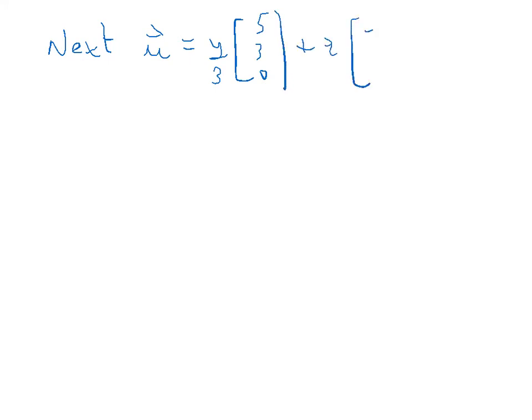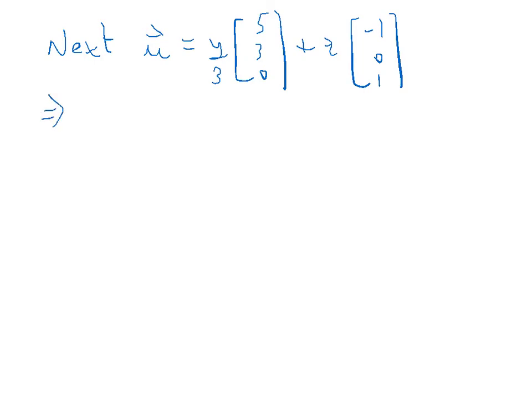Okay, so let us continue. Next, we write the generic vector u as the sum of two vectors. One vector is multiplied by y over 3, and that would be the vector 5, 3, 0, plus the vector z multiplied by -1, 0, 1.